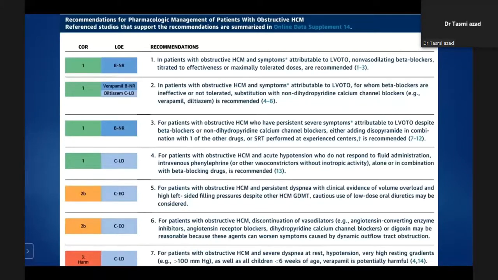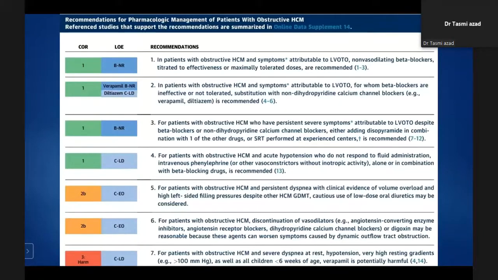It will be a class 1 indication if well tolerated, and the dose can be titrated. But if the patient cannot tolerate beta blocker, we can choose a non-dihydropyridine calcium channel blocker, that is verapamil or diltiazem. Mostly verapamil actually. They give class 1 indication here.